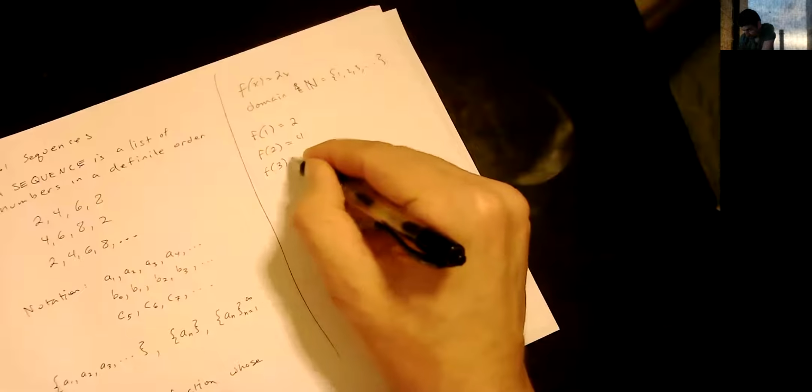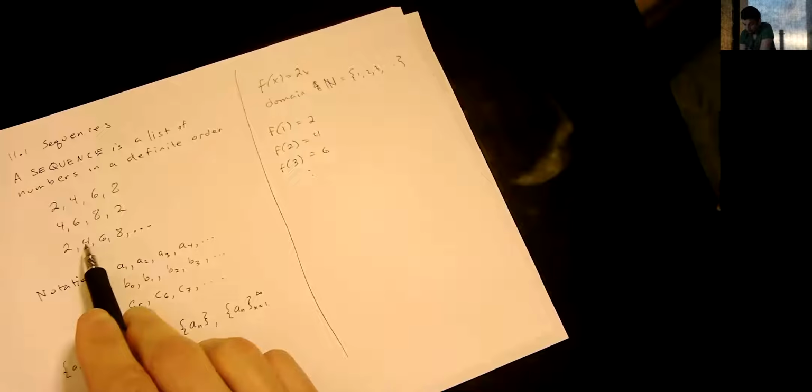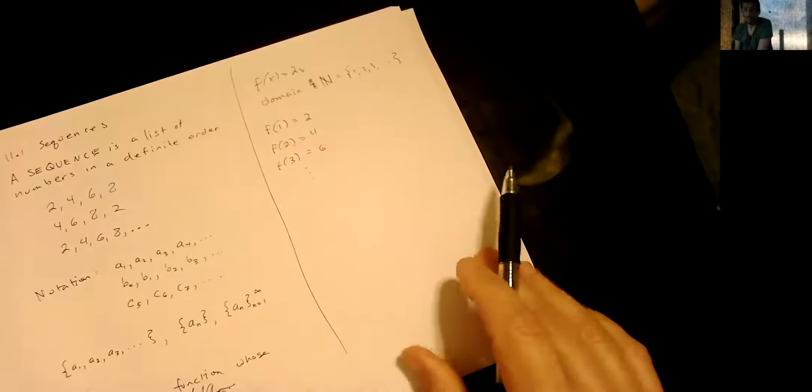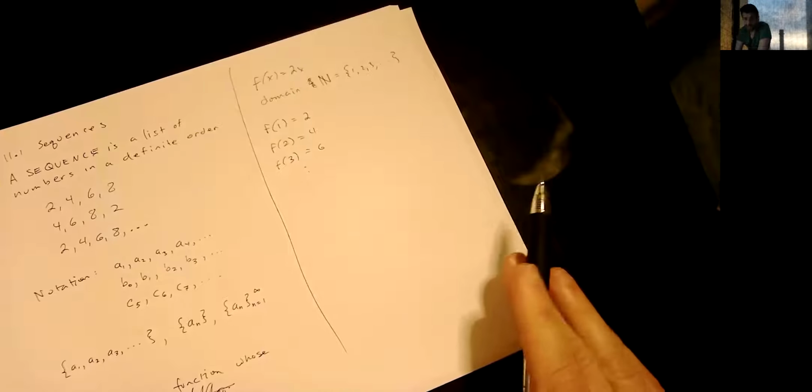I'm just multiplying each of these by 2. f of 3 equals 6, and on and on, right? This is the sequence we started with over here. This is the value of the sequence when it's at 1. This is the value at 2. This is the value at 3 and 4. So there are contexts you might see where this is a good way to think about sequences. We don't have to worry too much about this. It is a perfectly reasonable definition of sequences as well. Okay. All right. So that's our definition of a sequence.